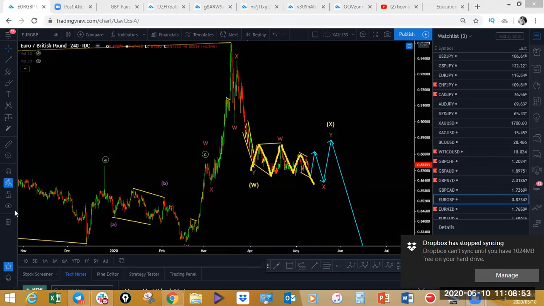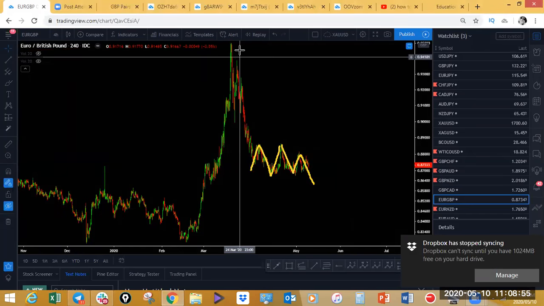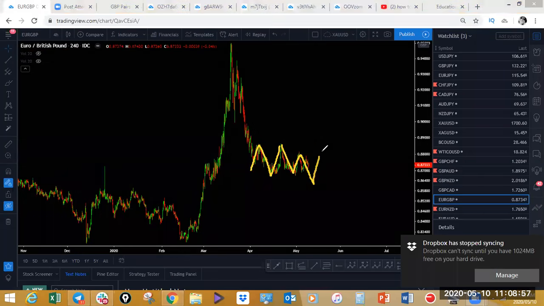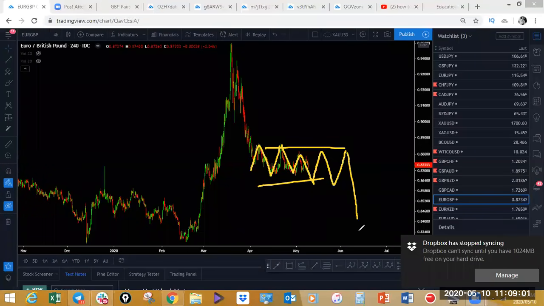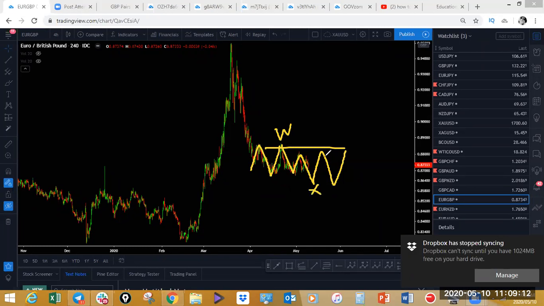Let me switch it off so we can show you the structure only. And if that is the case, we can still get another 3 waves here. Then we'll look for this to continue lower. But those are not just lines. This is a W. This W is showing that regular flat, and the X will be that zigzag. This can be any corrective structure.